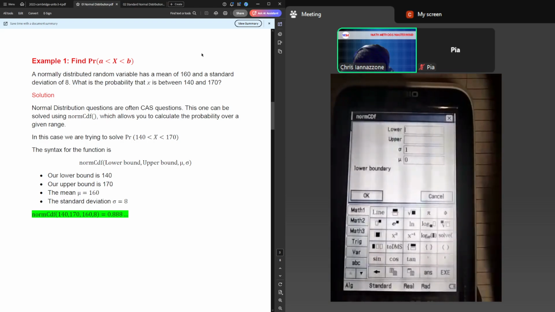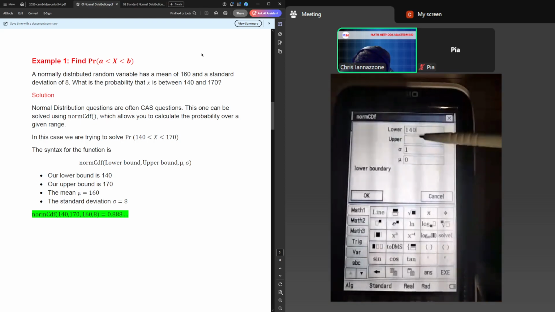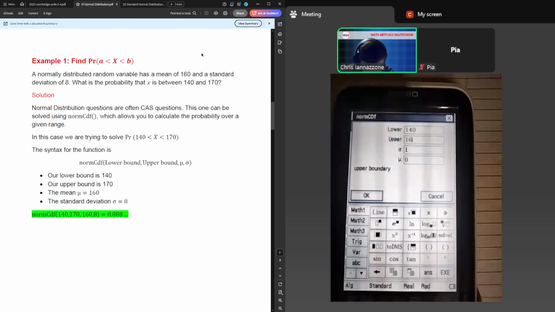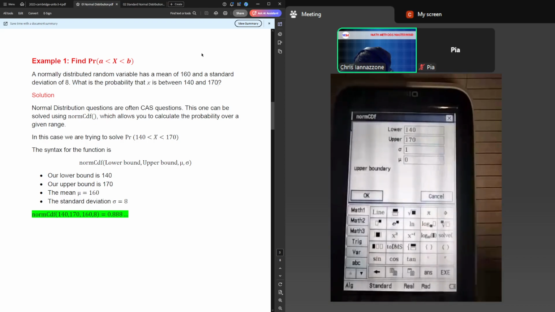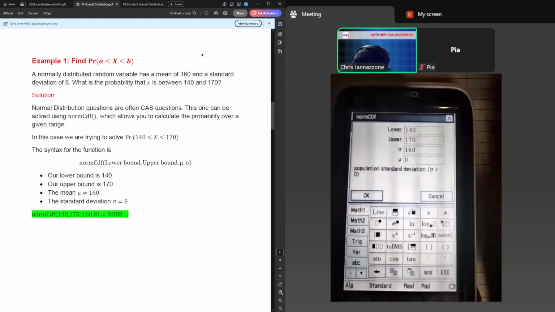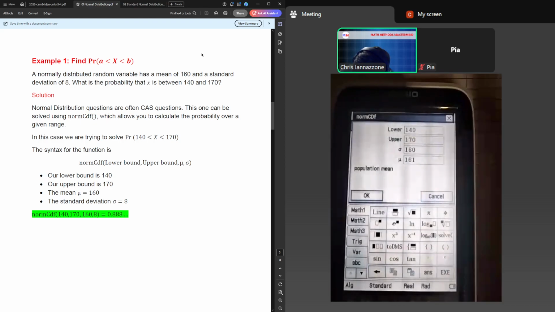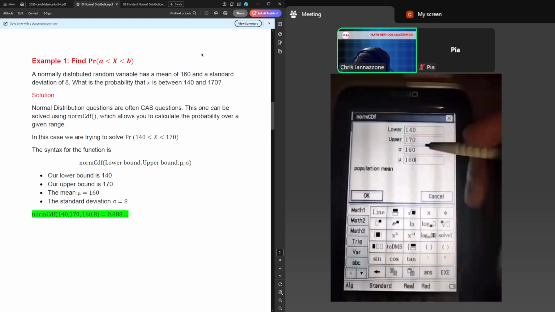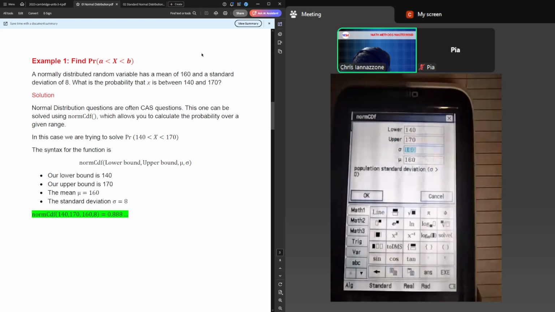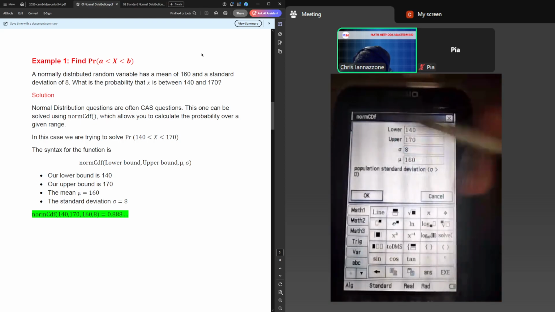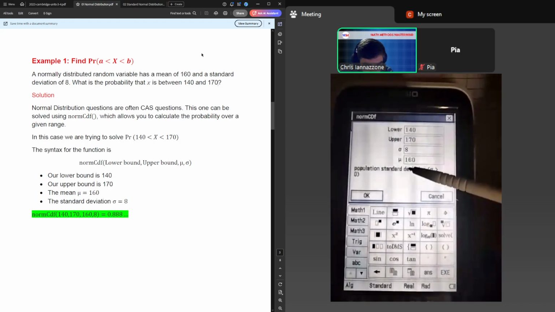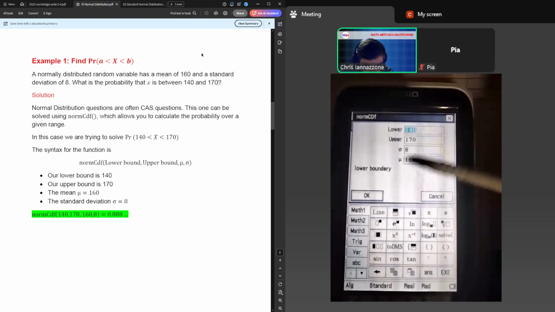So once again, lower bound 140, upper bound 170. Let's not do that again. Mean 160. They have these little, oh wait, that's right, they got this back to front. The mean is in a different spot to the standard deviation on this CAS. And they have a little window to remind you which one's which. So lower boundary, upper boundary.